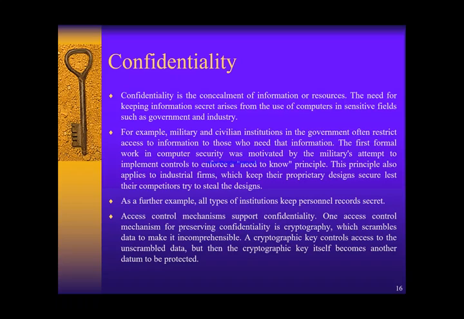Access control mechanisms support confidentiality. One access control mechanism for preserving confidentiality is cryptography, which scrambles data to make it incomprehensible. A cryptographic key controls access to the unscrambled data, but the cryptographic key itself becomes another datum to be protected.